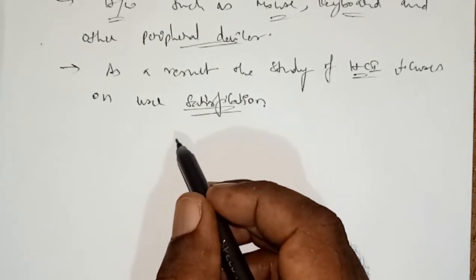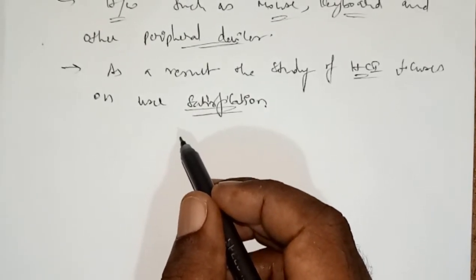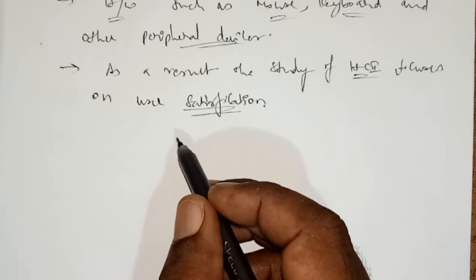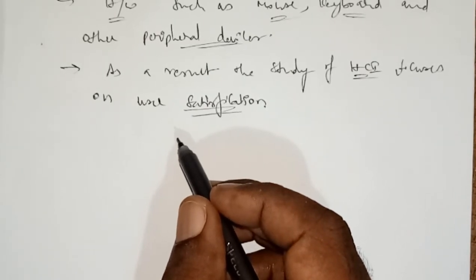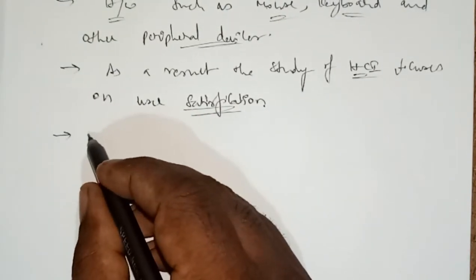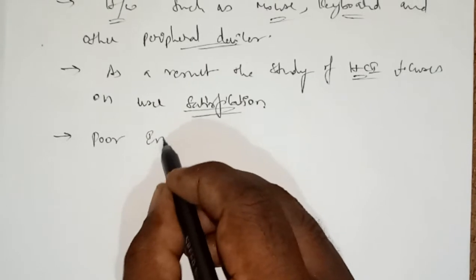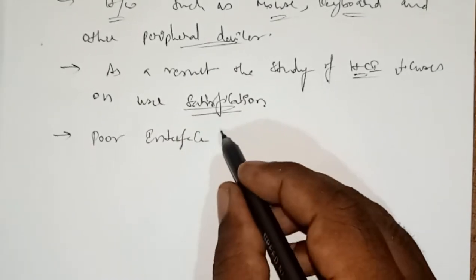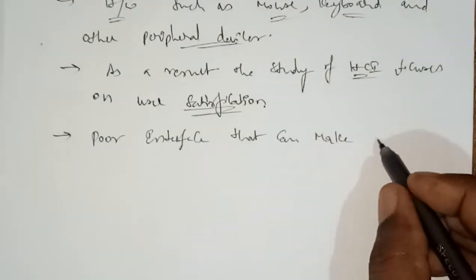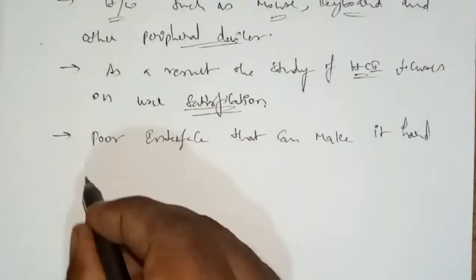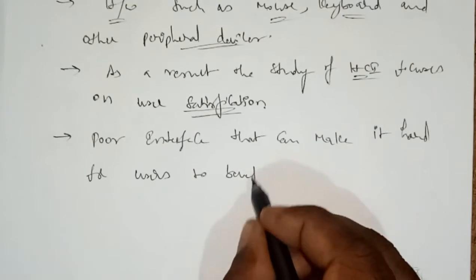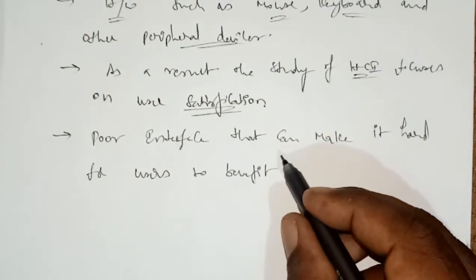More attention should be taken on human computer interaction. It is very important to consider humans while designing it, because a poor interface can make it hard for users to benefit from even the simplest systems.